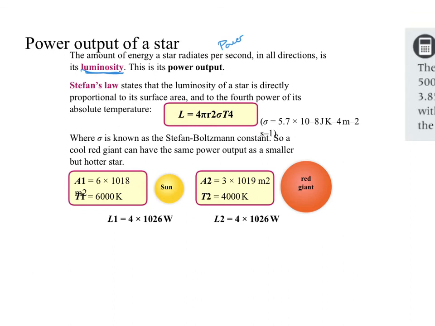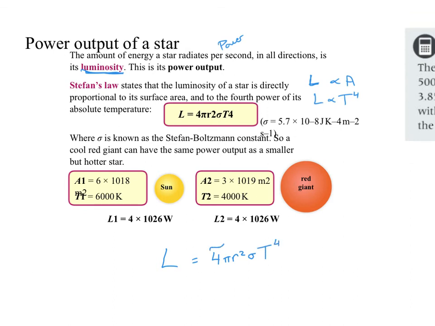Now, Stefan's law states that the luminosity of a star, which has the symbol L, is directly proportional to the surface area and is also directly proportional to the fourth power of its absolute temperature. Once again, this is in Kelvin. So the equation comes up to be luminosity is equal to 4 pi r squared times the Stefan-Boltzmann constant times the temperature to the power of 4.